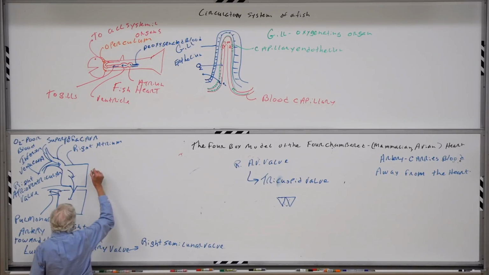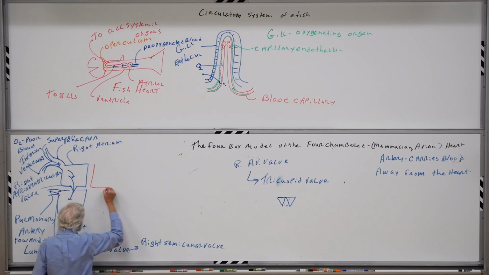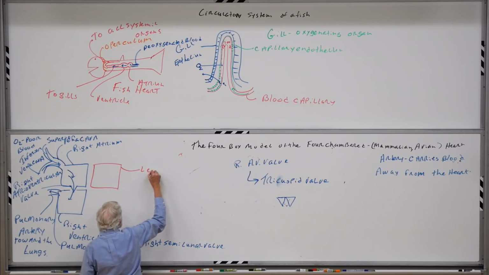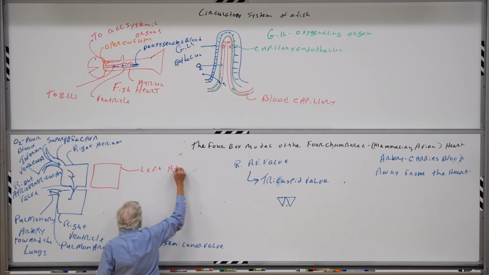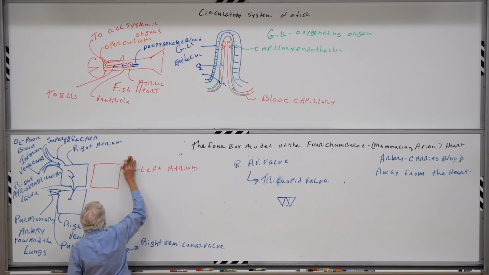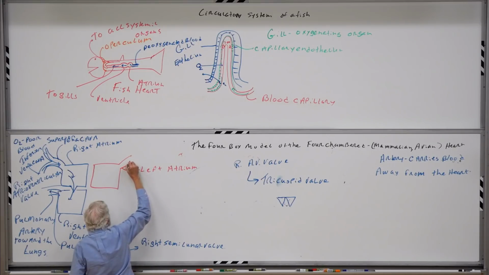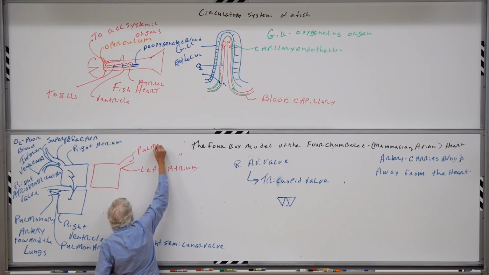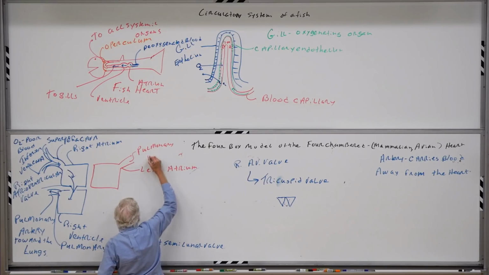And then over here is another pair of rooms. This is the left atrium. The pathway into the left atrium is through this structure known as the pulmonary vein.